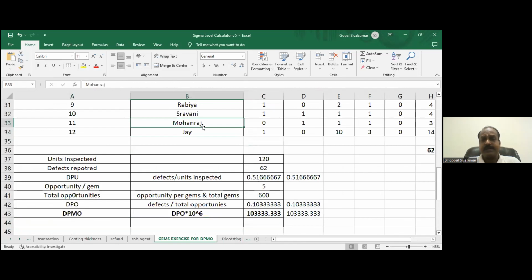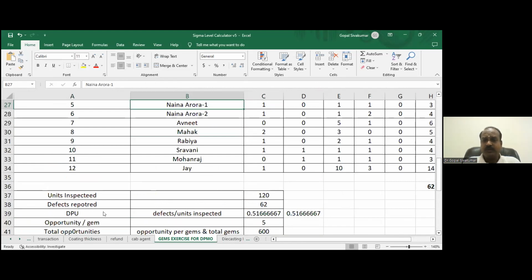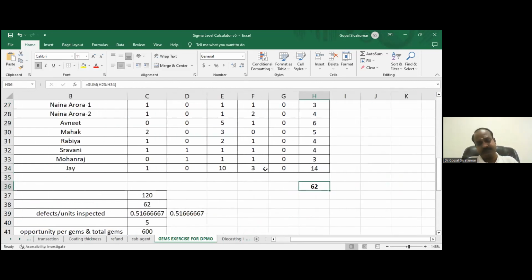GEMS exercise. So I should not count all of this. I should only use this. How many count defects?